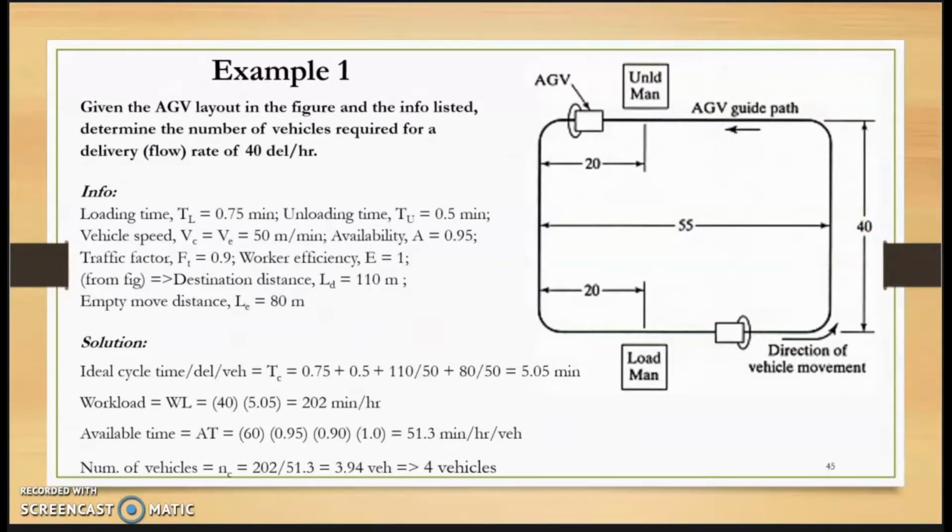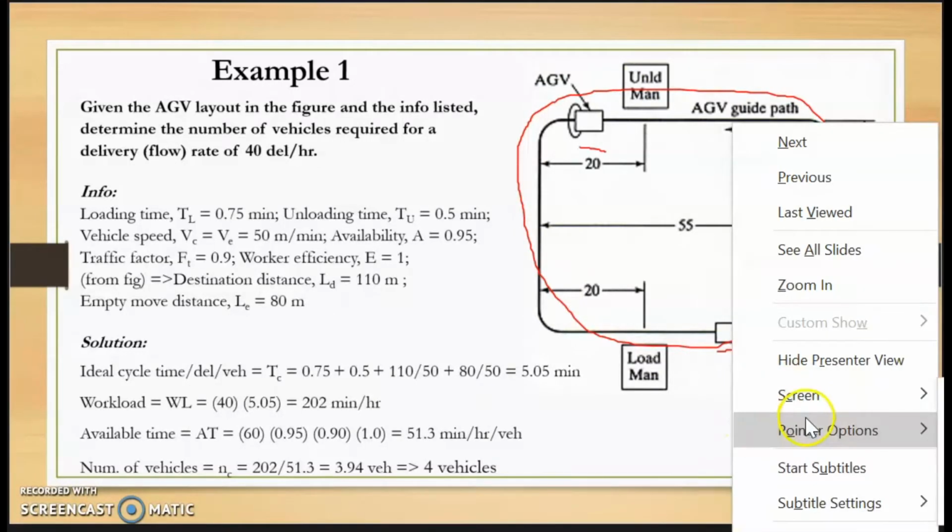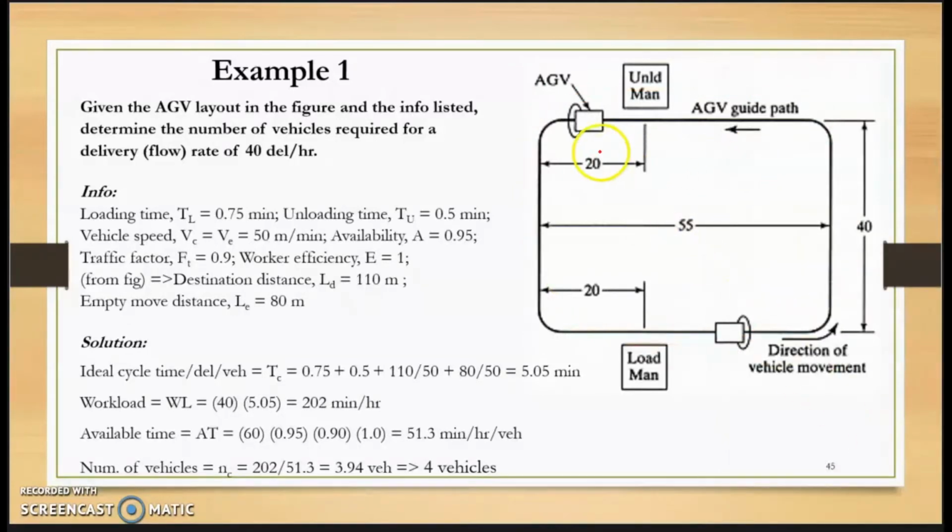Alright, so for the first example, we have an AGV that moves along a route. Given the AGV layout in the figure and the info listed, this is the info provided.